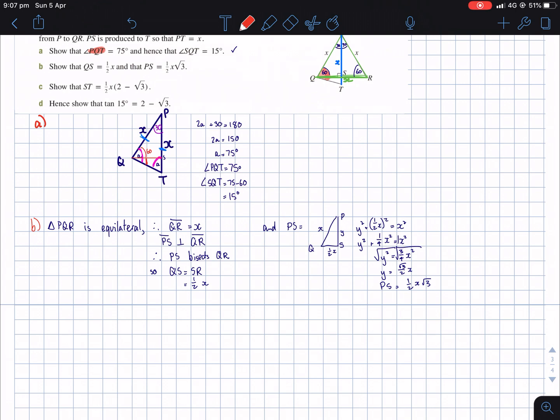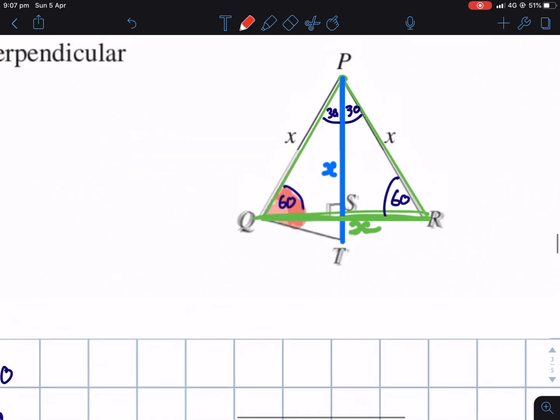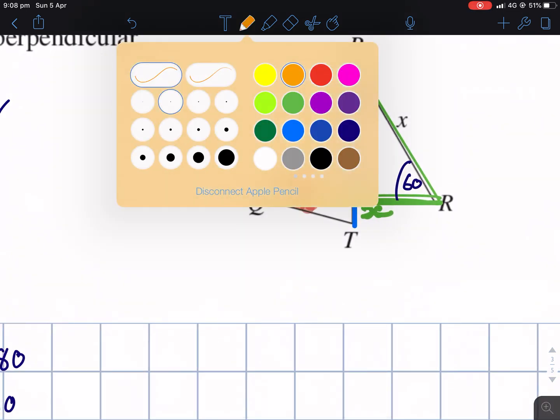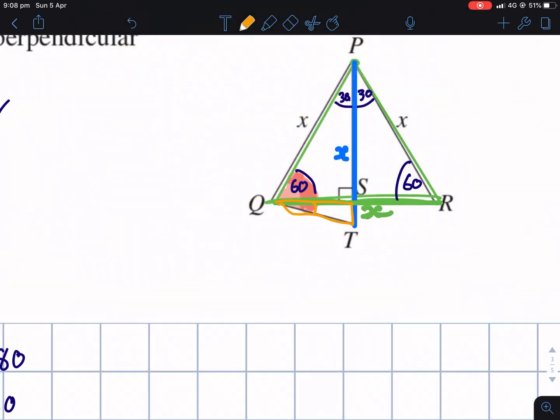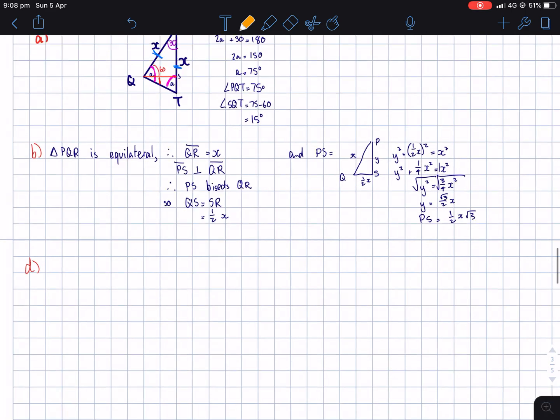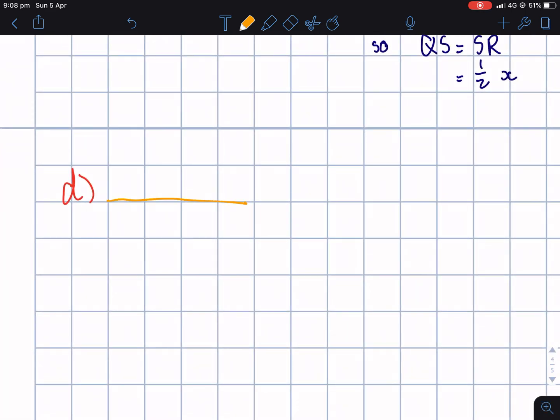Okay, and then let's have a look at D. Hence show tan 15 equals, ooh, okay. So they're talking about tan 15. The only spot we've got 15 is down here in this triangle, yeah? So I'm going to draw that triangle down here.